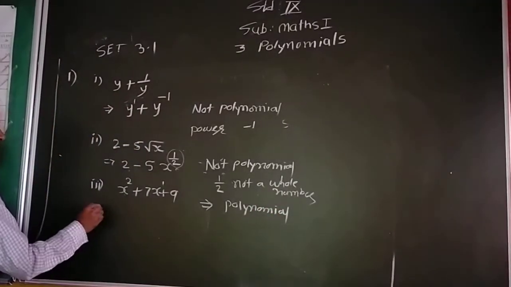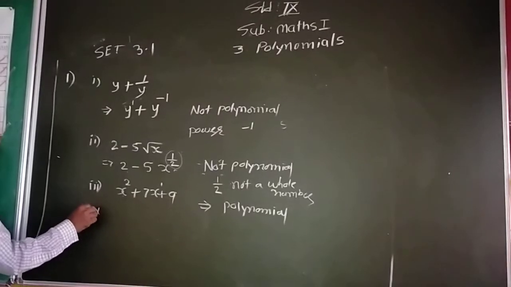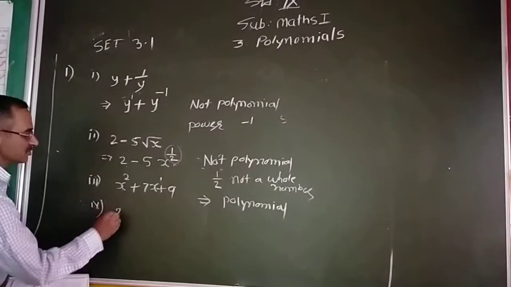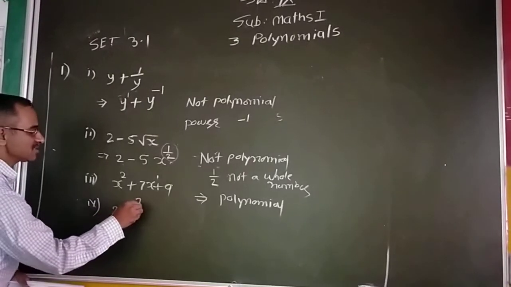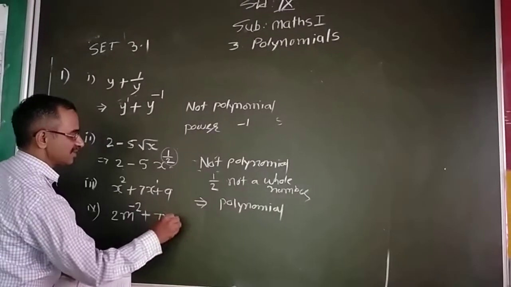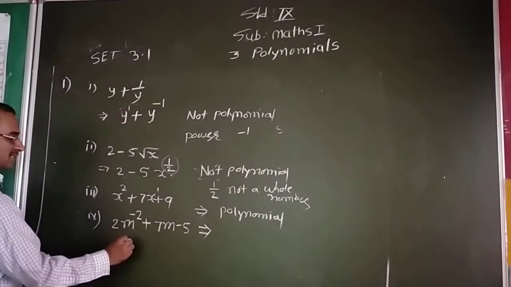Then the fourth one, homework. Fourth: 2m to the power minus 2 plus 7m minus 5. What is the power of m in the first term? Minus 2.